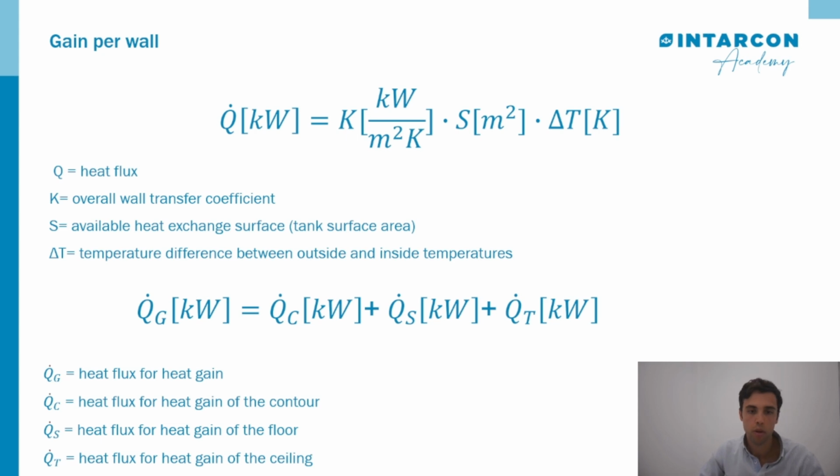We also have to multiply by the total surface and the difference between outside and inside temperature. So now we see the main keys here. For the gain per wall, we will obtain the heat flux.